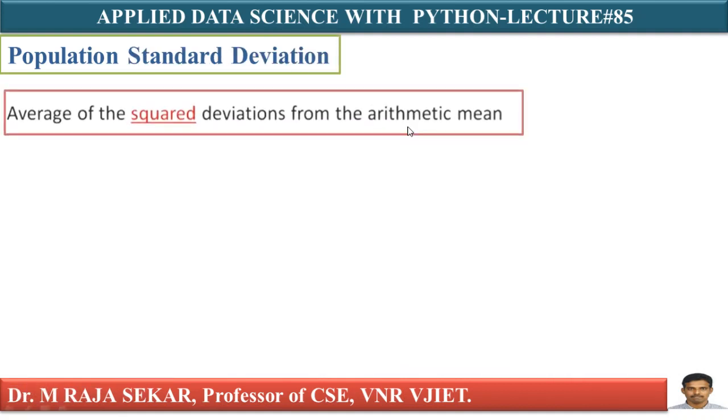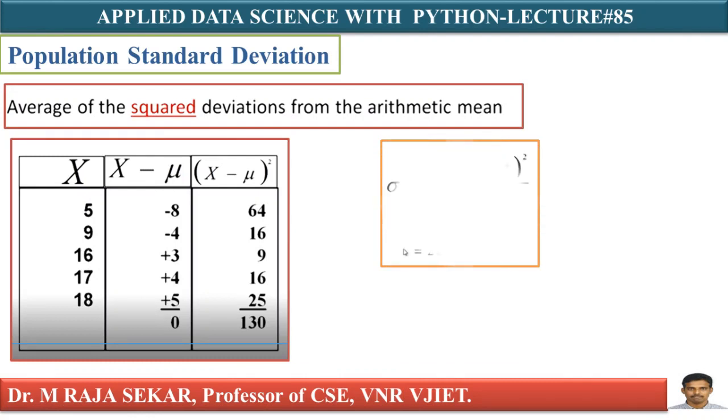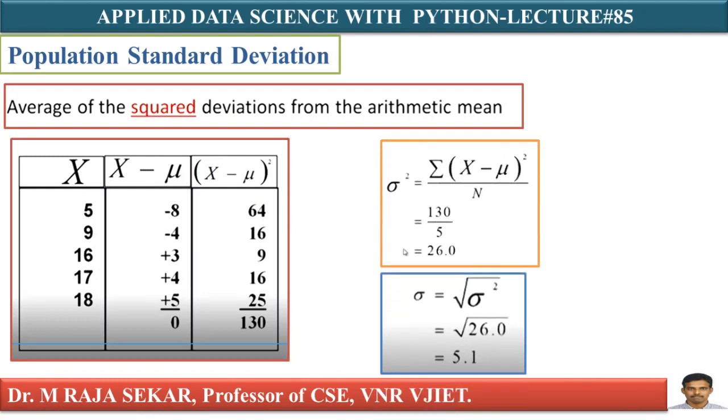Now we will try to understand the population standard deviation. Just compare this slide with the previous slide so that you can understand. The standard deviation is simply the square root of the variance.